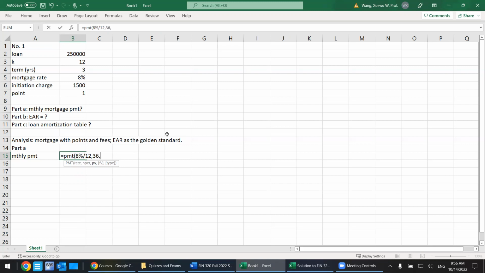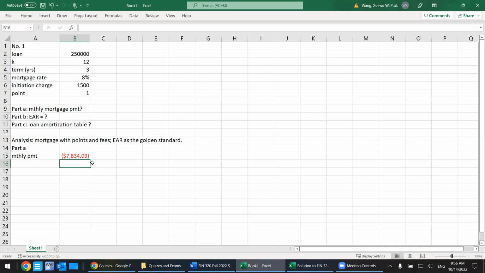It's 36, or 3 years times 12 months per year. The present value is the 250,000. Okay, that's the loan, so it's a cash inflow to you when you take out this loan. Future value is 0. So that is your monthly mortgage payment.